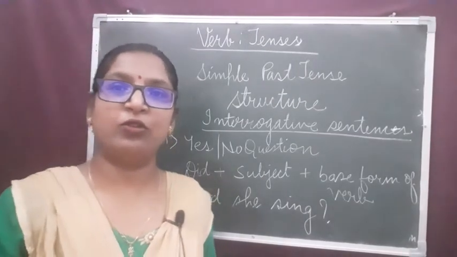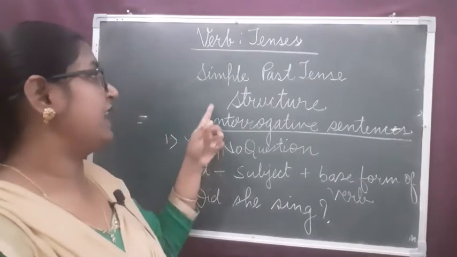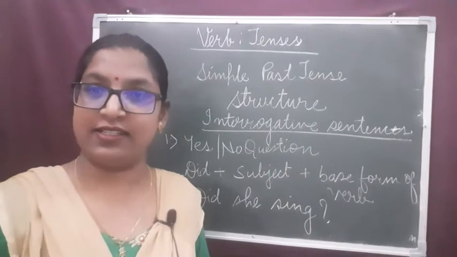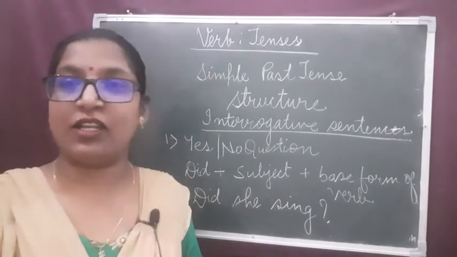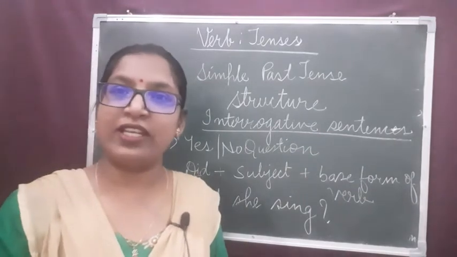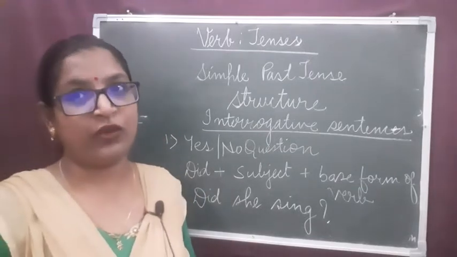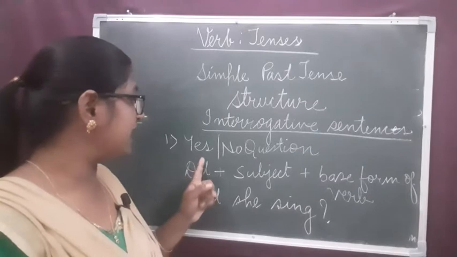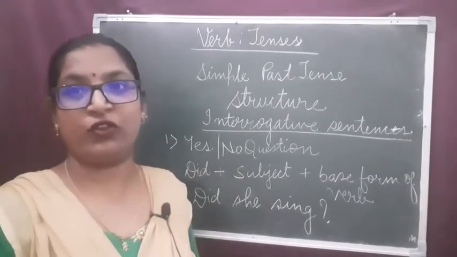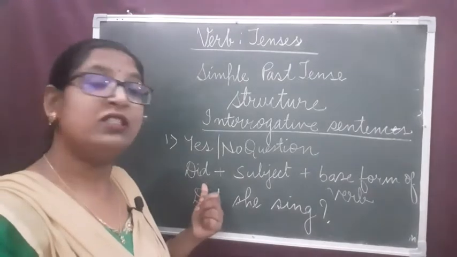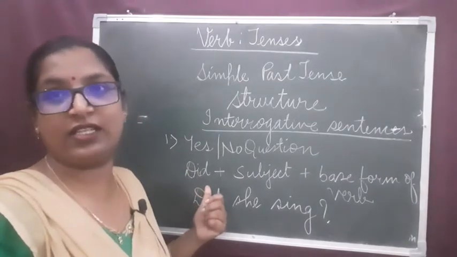Now look at the board again. Let's see how to frame interrogative sentences in simple past tense. Interrogative sentences are of two types. First one is yes/no question and the second one is WH question. Let's see the yes/no question first of all. The structure of a yes/no question is we use did in the beginning of the sentence.